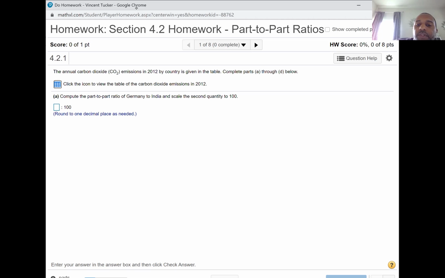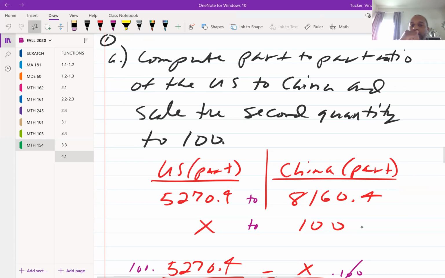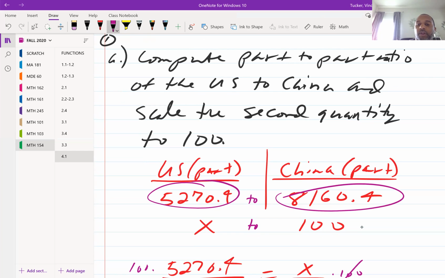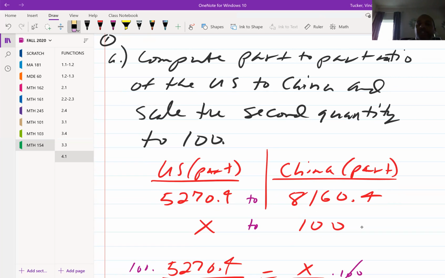Once again, just to emphasize, my numbers in my chart may be different from your numbers. First question: compute the part-to-part ratio of the US to China and scale the second quantity to 100. In the chart, they gave me this US part and this China part. It says scale the second quantity to 100, so I was emphasizing 2 here.